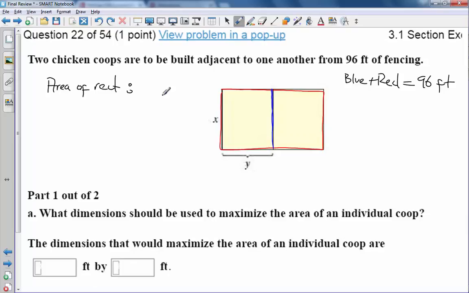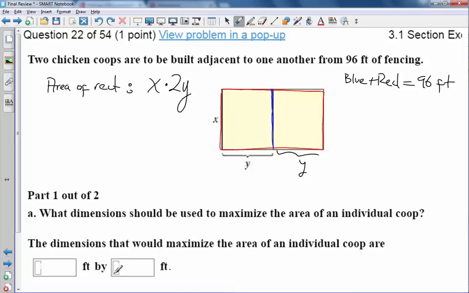So I see the width, which is x. What is the length? Is it y? No, it's not y. It's 2y, because this side and this side are equal. So you have double y, 2y here.